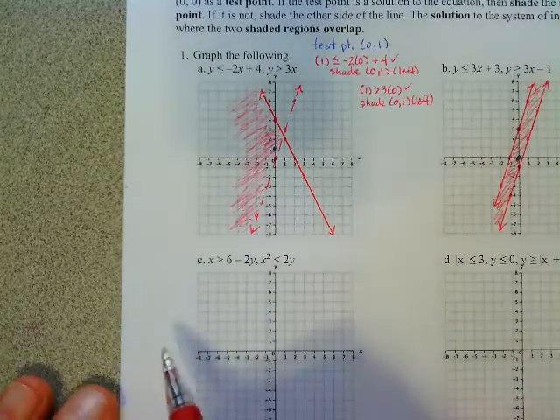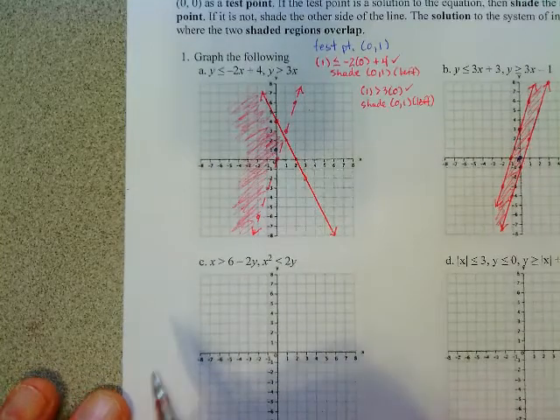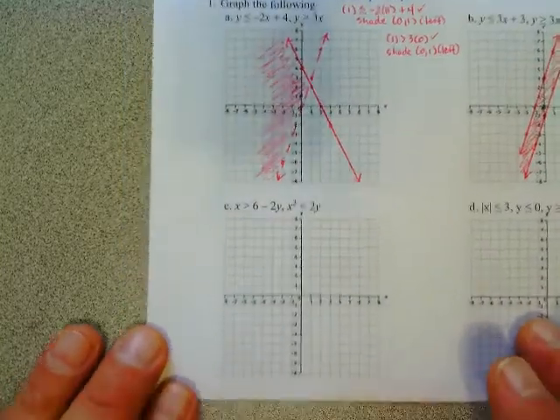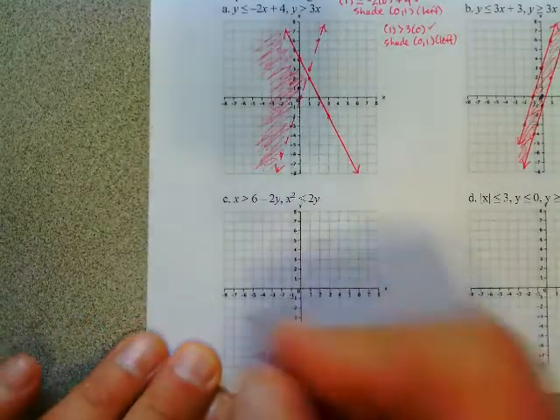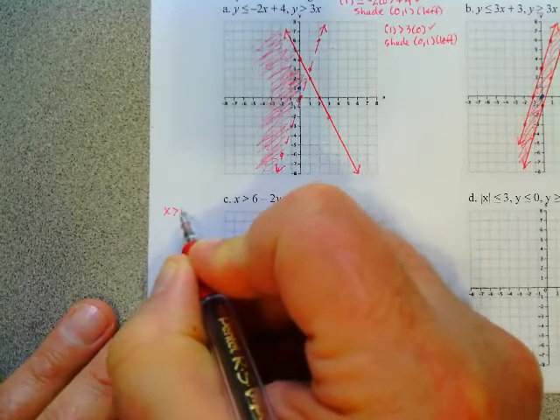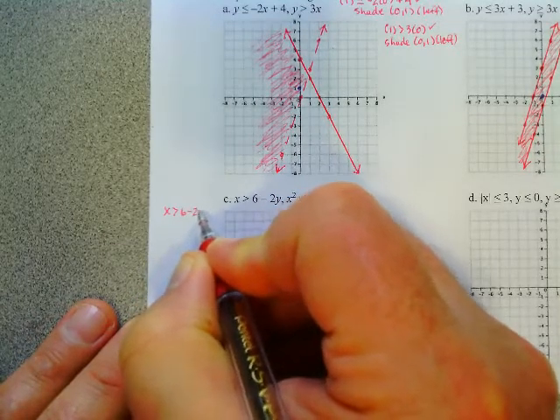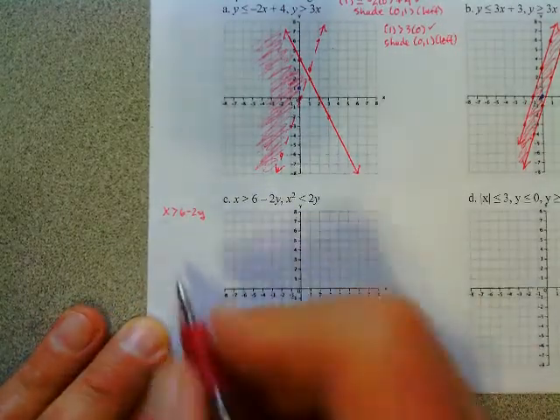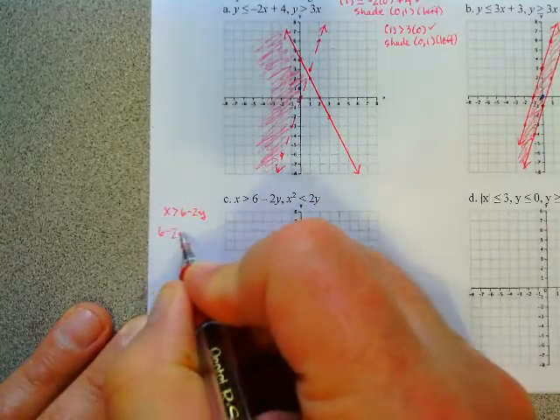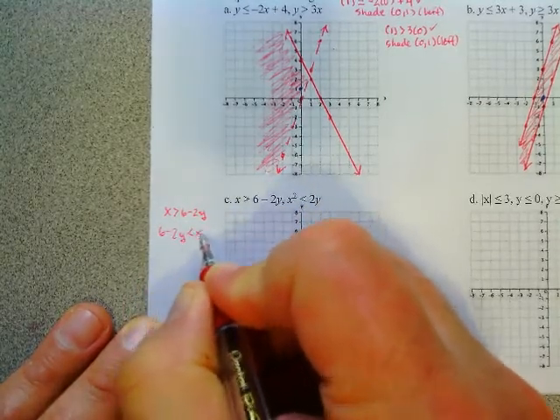Let's go ahead and rearrange these a little bit so they're in a more proper form that we're used to. So in the first one, we have x greater than 6 subtract 2y. So then we'll have 6 minus 2y less than x.